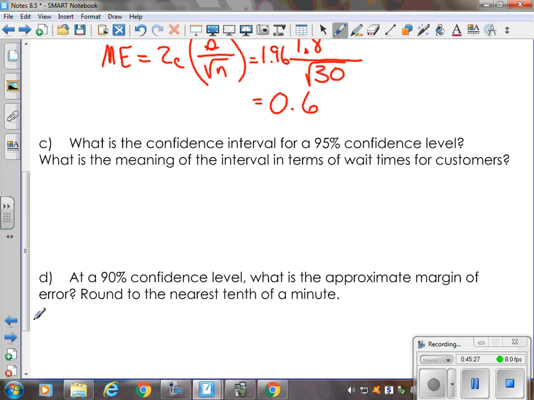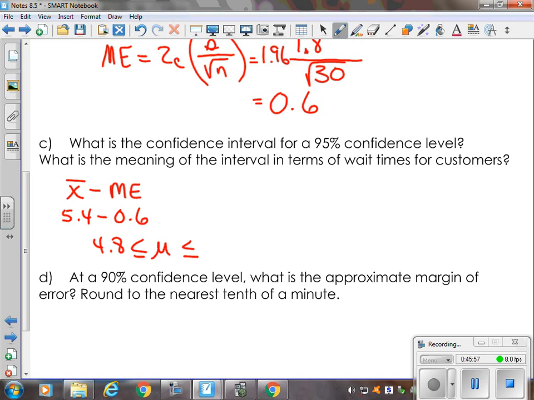Well, first of all, you take x bar and you subtract that error. So I take my x bar, which you just said was 5.4, and I subtract 0.6 from it, and that'll be the lowest value that we think the population mean could be, which is 4.8, less than or equal to mu, less than or equal to.